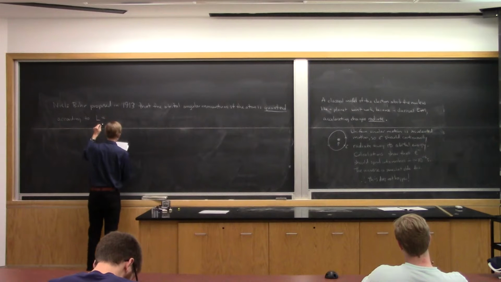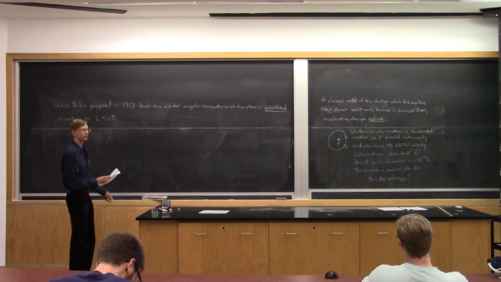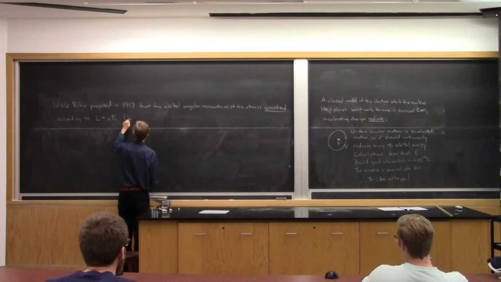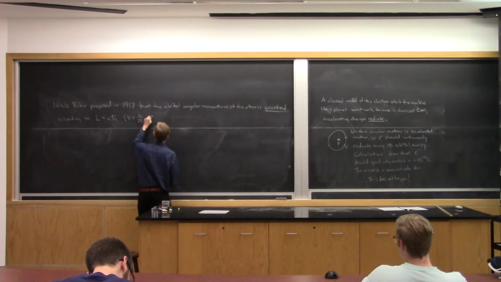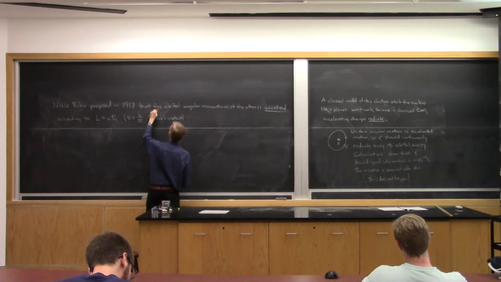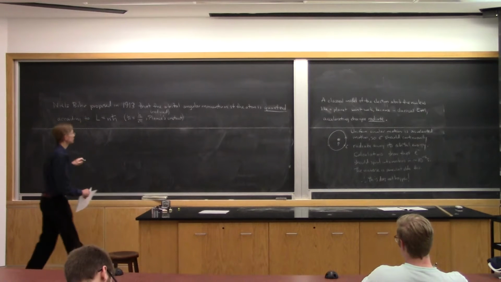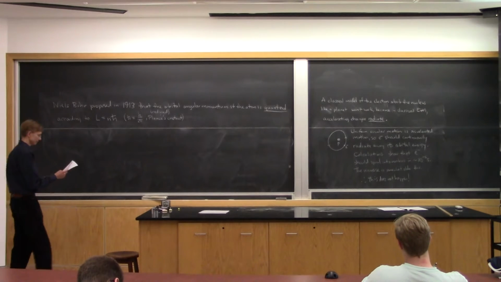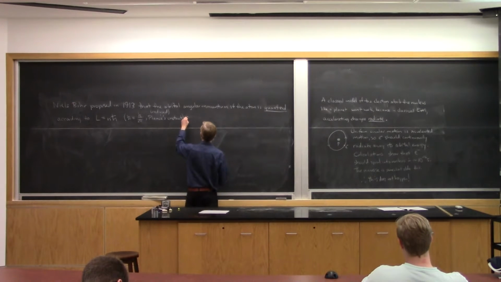According to L is equal to n h bar, h bar being the reduced Planck's constant. Sometimes h bar itself is called Planck's constant. That may be a better name for it if we reserve h for Planck's constant. That's the reduced Planck's constant, h over 2 pi. No other values allowed.